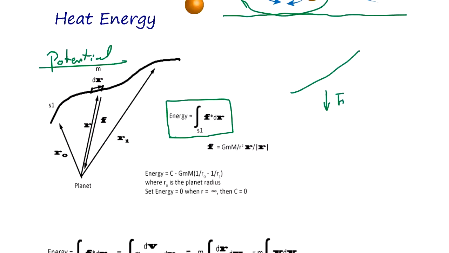So there is the gravity force and the movement dr. It's a dot multiplication. That means only the component in the direction of the force contributes, and the sideways component doesn't contribute.